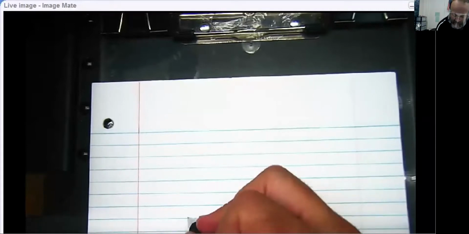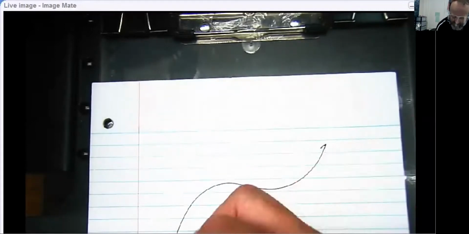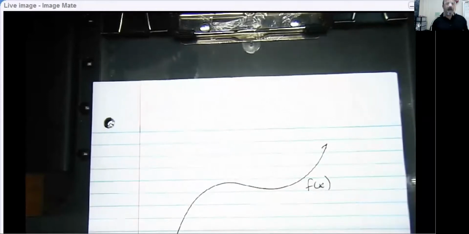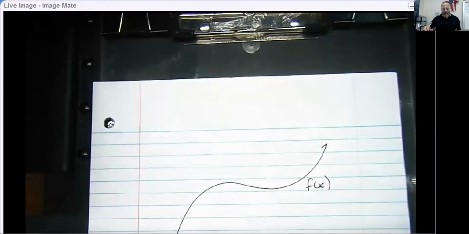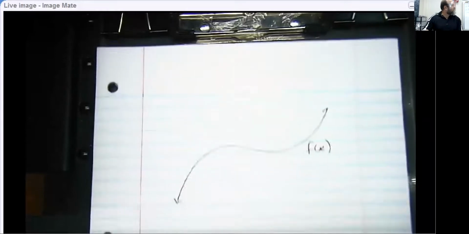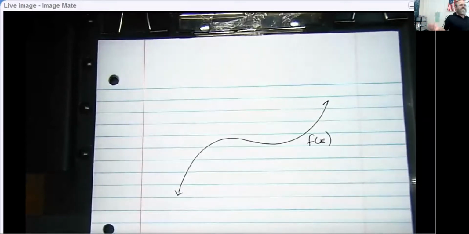So what happens in the formal derivative is you're going to have some function f of x. Let's imagine this is my function f of x. And what I want to do is look at this function through the idea of the slope of the line between these two points.